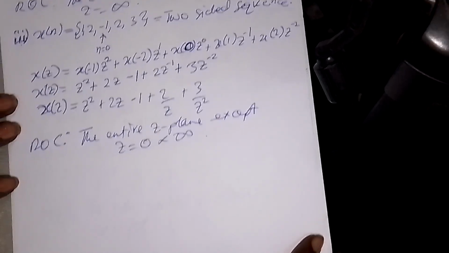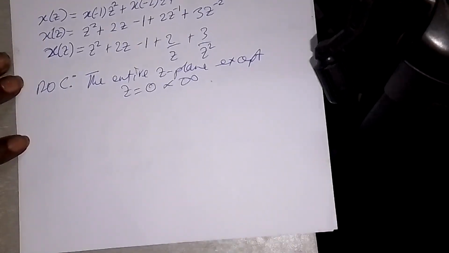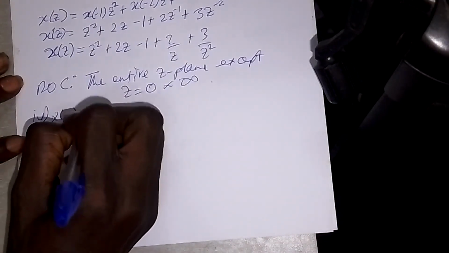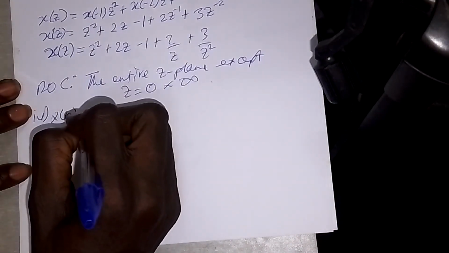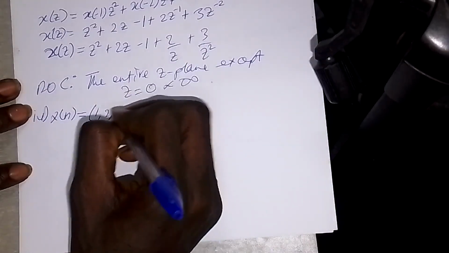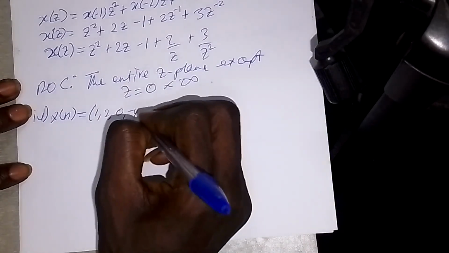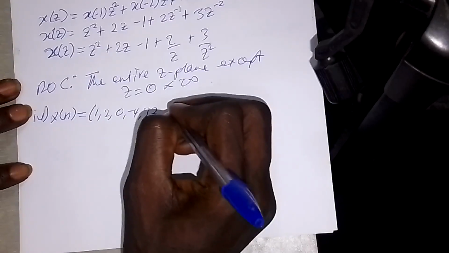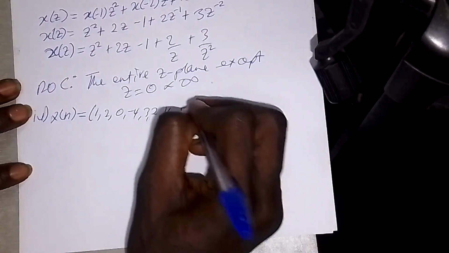Solution number 4. Our sequence is like this: x of n is equal to 1, 2, 0, minus 4, 3, 2, 1, 6, 5.